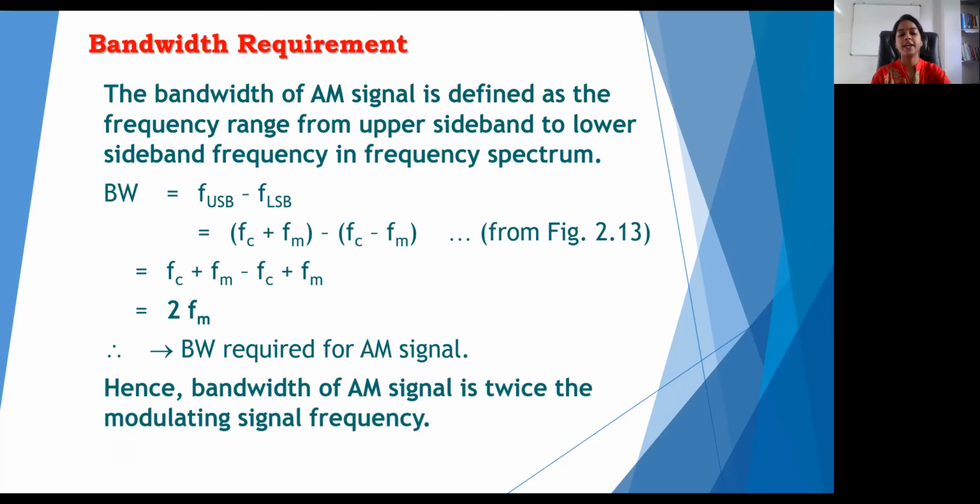Hence the bandwidth of the AM signal is twice the modulating signal frequency, यानी जो आपका amplitude modulated signal रहेगा उसका bandwidth क्या रहेगा, it is twice आपका जो modulating frequency है उसके twice उसका bandwidth रहेगा.